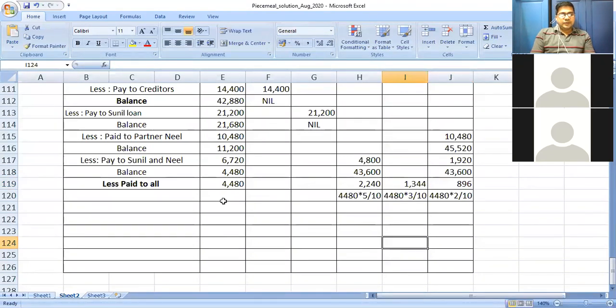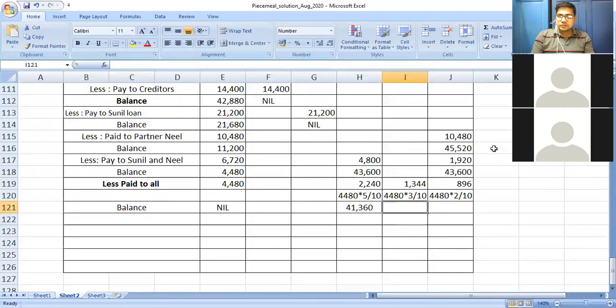So we paid the balance available, and the balance available is nil. What about Sunil's balance? 43,600 minus 2,240 is 41,360.